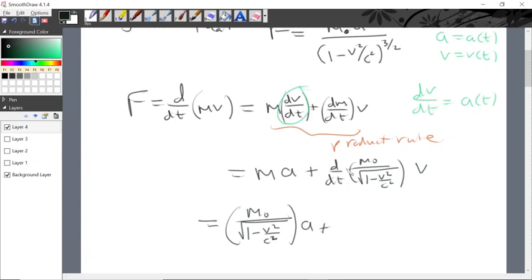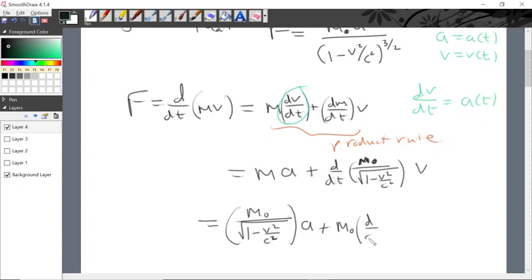We need the derivative of this with respect to time. That requires a chain rule or implicit differentiation. m naught is constant. That is the mass when the velocity is equal to 0, so that can get factored out. So I'm going to put m naught out here.